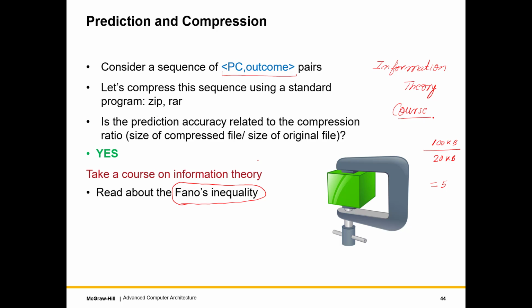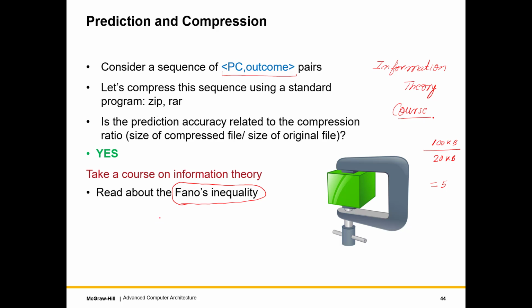What Fano's inequality basically says is that for a given trace of branches, which means for a given program that has a certain behavior, and the behavior can in a sense be quantified by just creating a trace of the PC and branch outcome pairs, there is a theoretical maximum prediction accuracy.